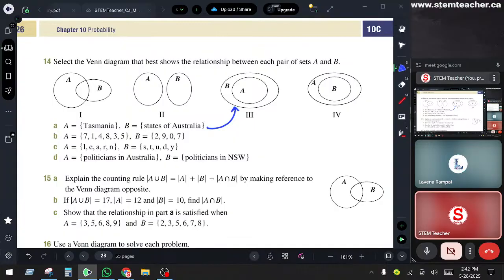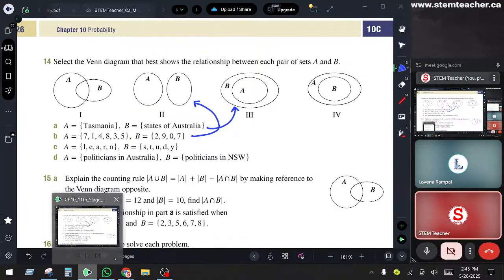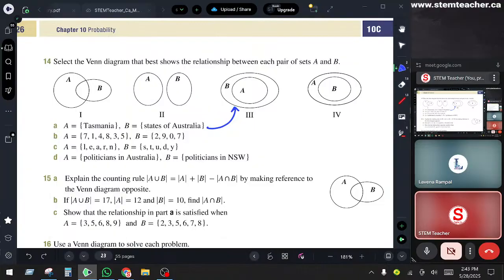Next, it'd be the second one. There is nothing common, they are disjoint. Next, what is the B?